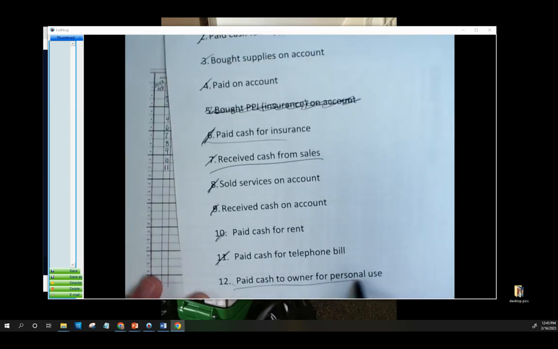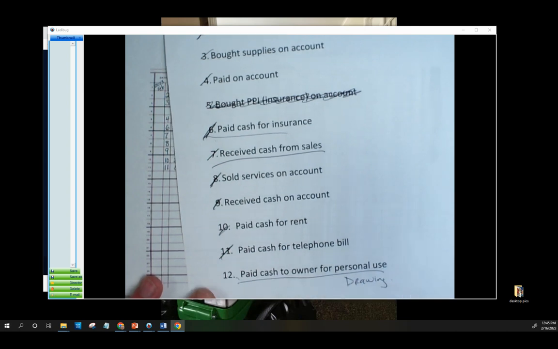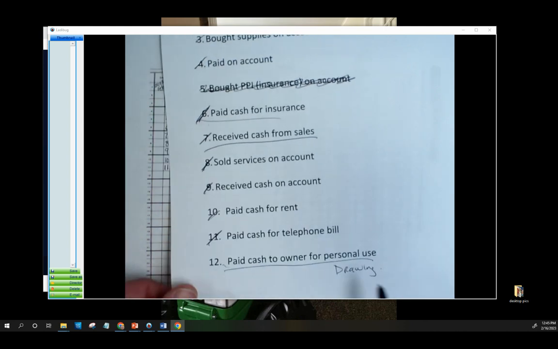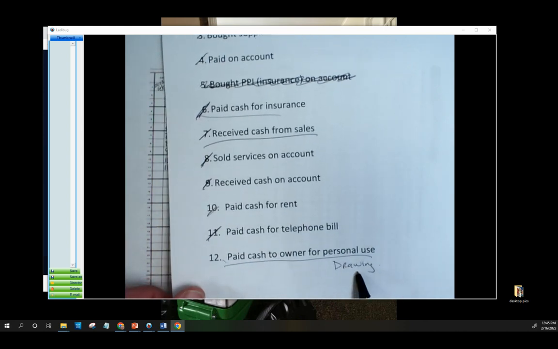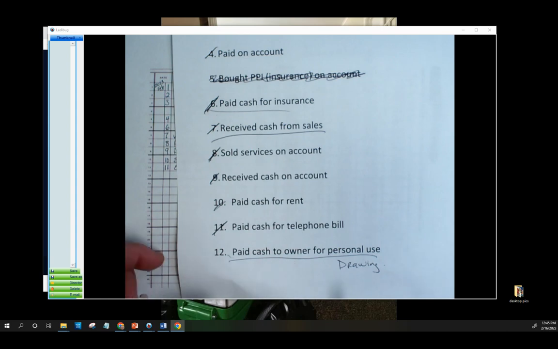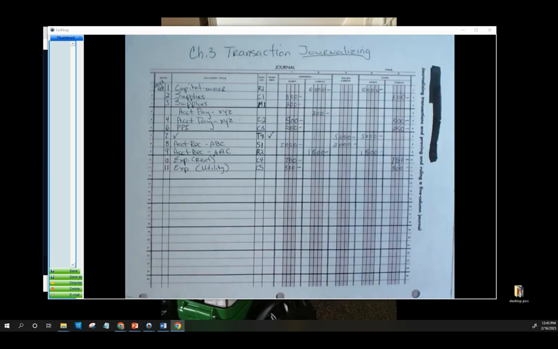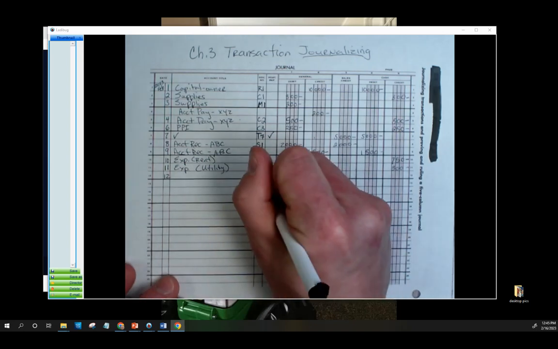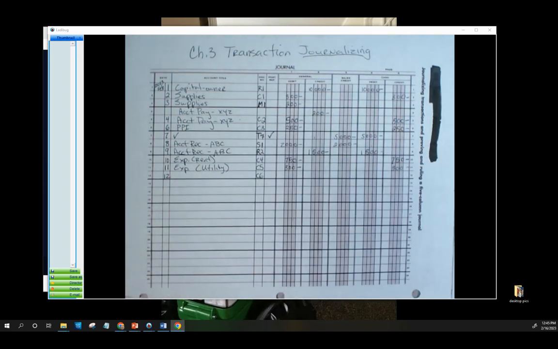Okay, last transaction is paid cash to the owner for personal use. This is your drawing account. It's just like an expense account, except it isn't an expense account. It's its own account. It's for taking money out for personal use, where expenses are for operating the business. Either way, it was done on the 12th, and we are paying cash, so we know it's a check. It's going to be C6.